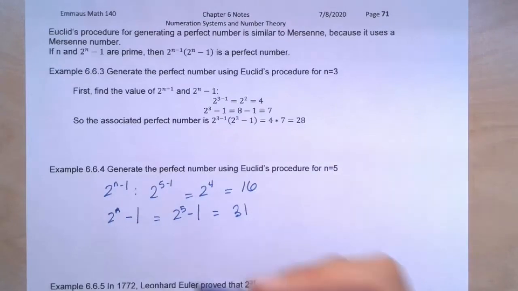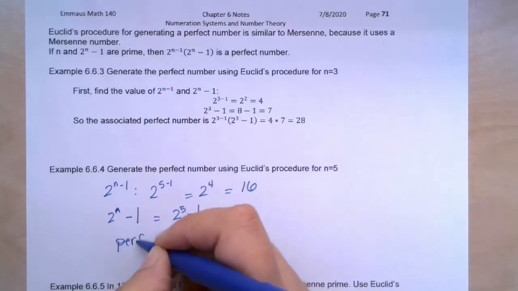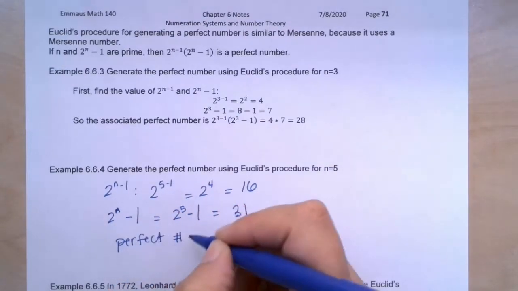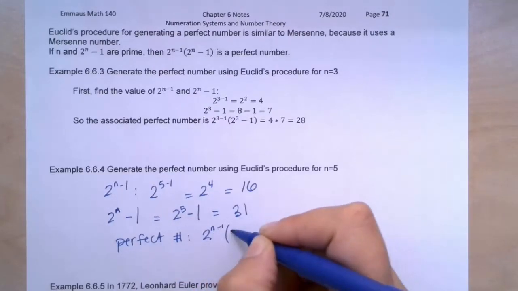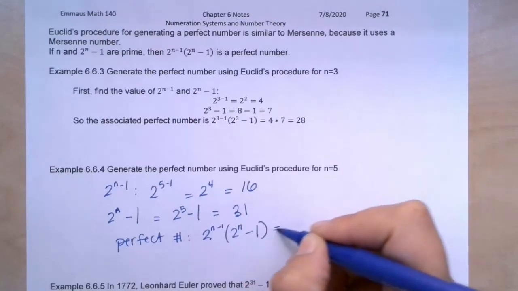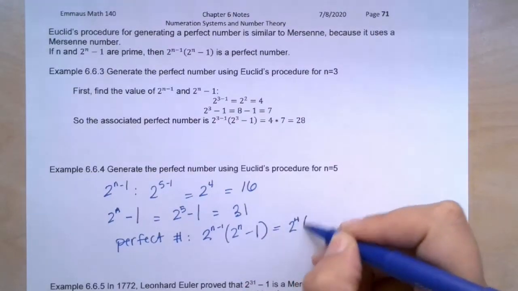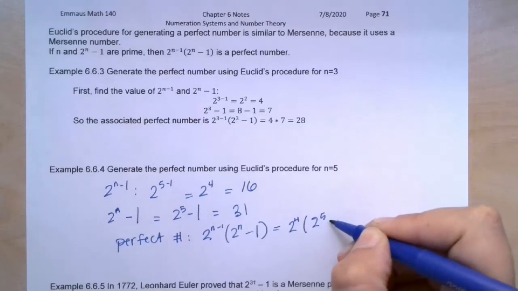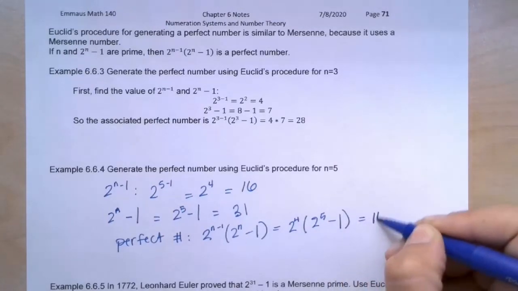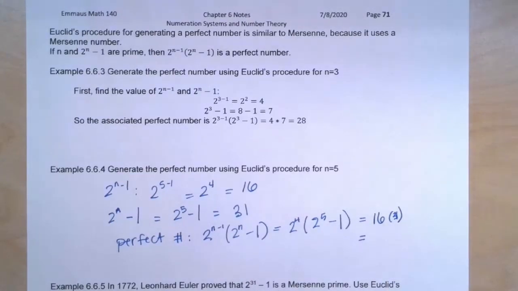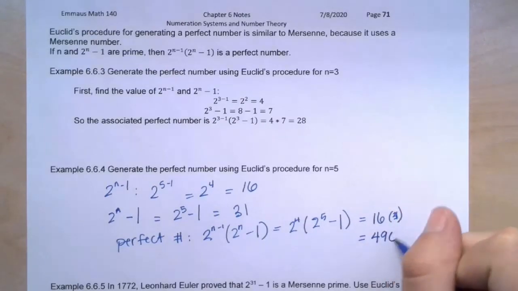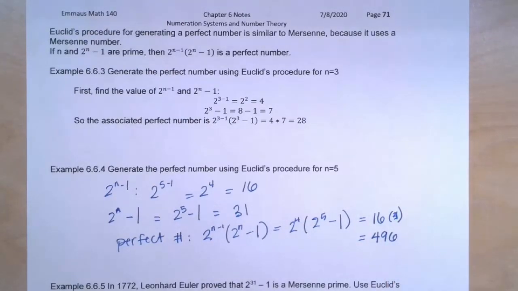So then the perfect number should be 2 to the n minus 1 times 2 to the n minus 1. So 2 to the 4th times 2 to the 5th minus 1, or 16 times 31, which in our case gives us the value of 496. You prove that this one is perfect in the homework, so we're not going to do that here.